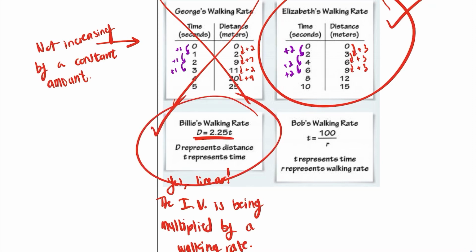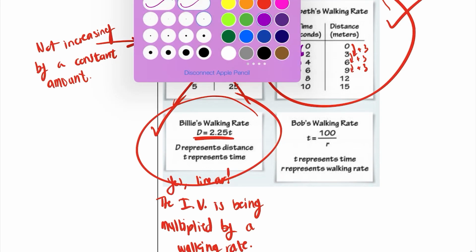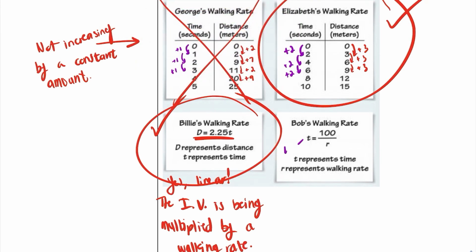Let's double check Bob's walking rate. Can we first review what do these variables stand for? T stands for time, and R stands for rate. Okay. Immediately what I'm thinking is, well, in Billy's walking rate equation, we're taking the independent variable and it's being multiplied by a walking rate.